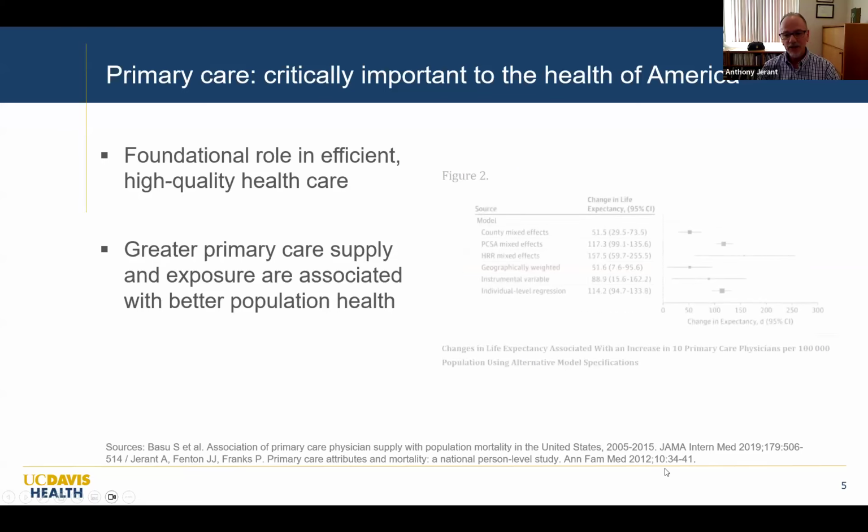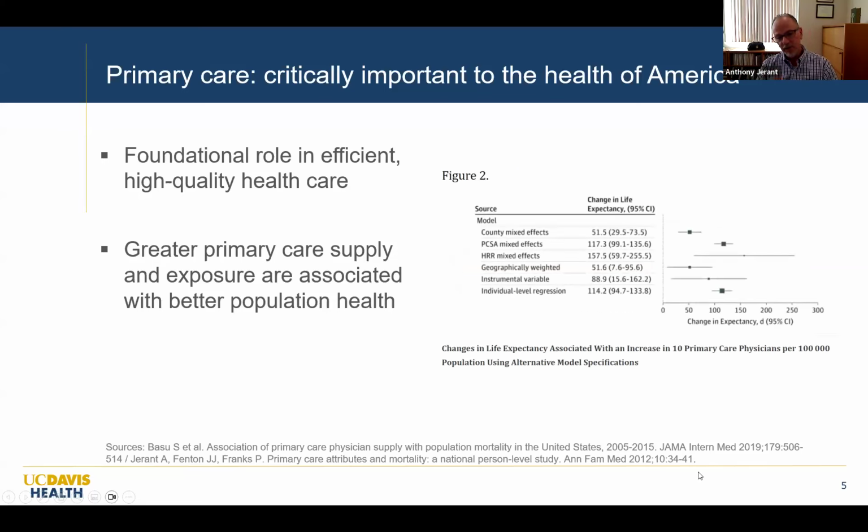And then at an ecological level, you can see this was one study where they looked at the change in life expectancy associated with having 10 more PCPs in an area as compared with baseline. And the dose response size was basically, you can see with those confidence bars and point estimates, didn't matter how you specified the model in that study, there was a significant gain in life expectancy. And those may look fairly short, but remember, those are average effects.